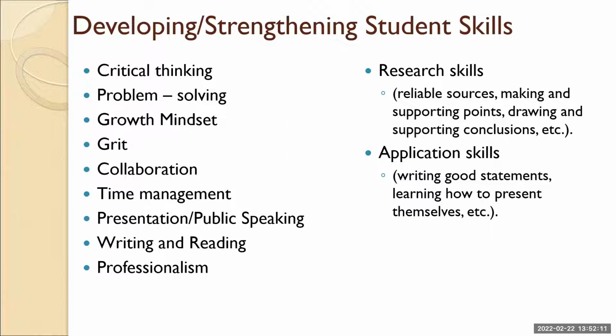And so we want to help them build that grit up so that they don't give up, so that they know they belong here. They belong in school, they belong in college, they belong in the honors program, right? We want to help them develop skills with collaboration so that it's not just about how to work independently, which they do need to know, but how do you work well with others too, right?